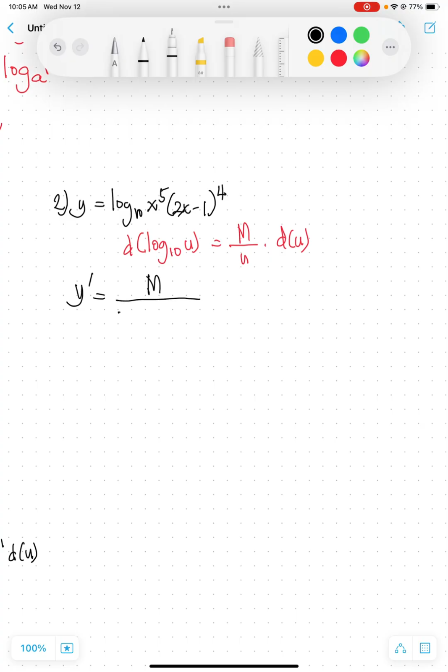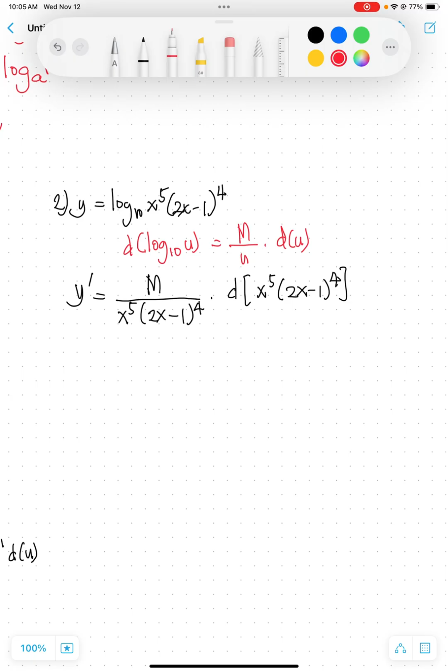U is x raised to 5 and then times 2x minus 1 raised to 4. So times the derivative of u. So times the derivative of x raised to 5 and then times 2x minus 1 raised to 4.